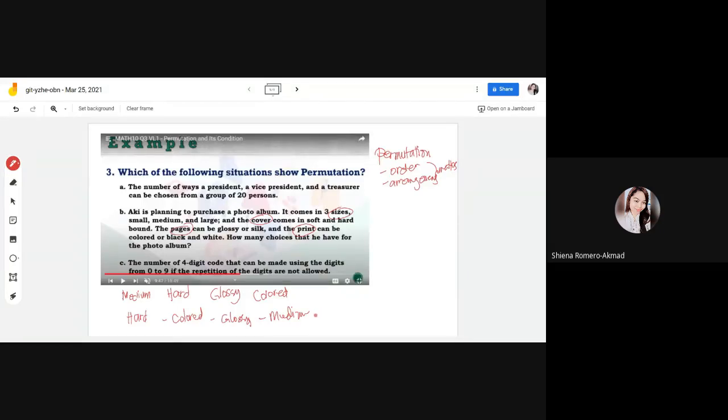Sa letter B, though it gives you different choices, yun nga yung isa sa reason kung bakit hindi siya permutation, because it gives you different choices from different groups. Okay? Since different groups yan, at pag pumili ka dyan, tulad ng ginawa natin, iniba-iba natin yung arrangement nila, it doesn't change anything.